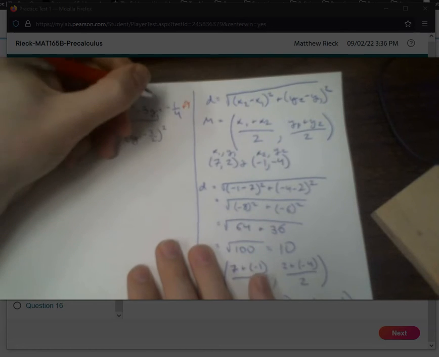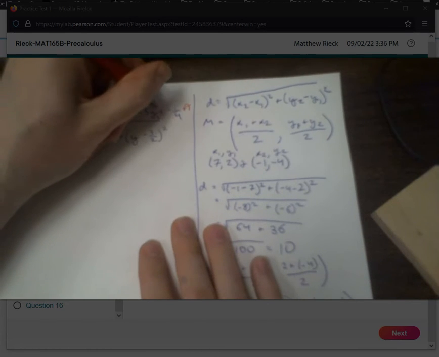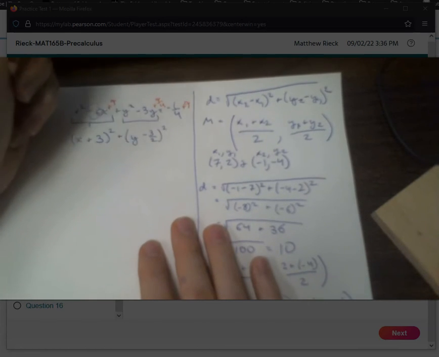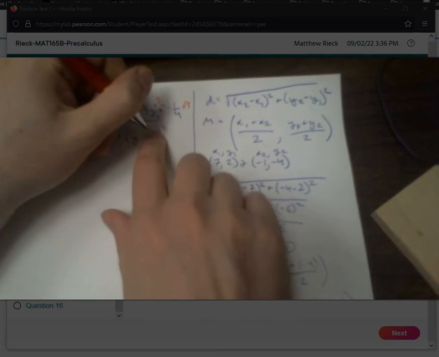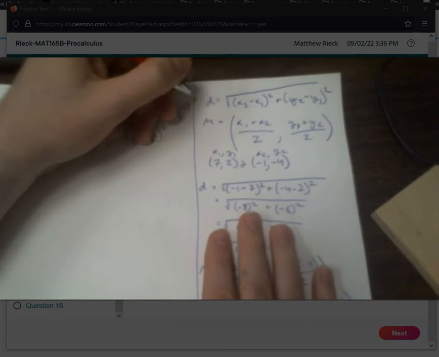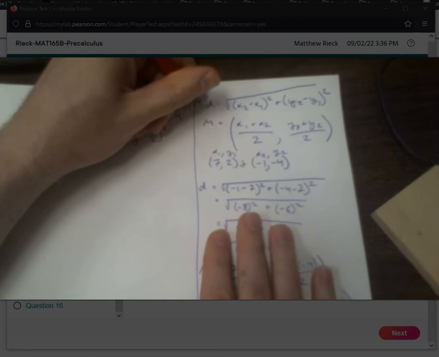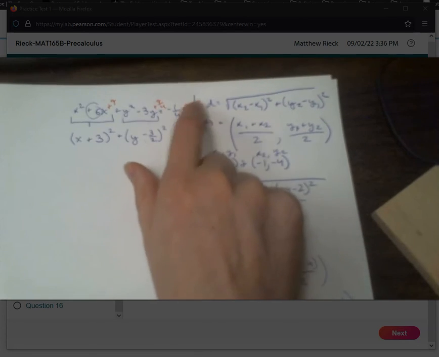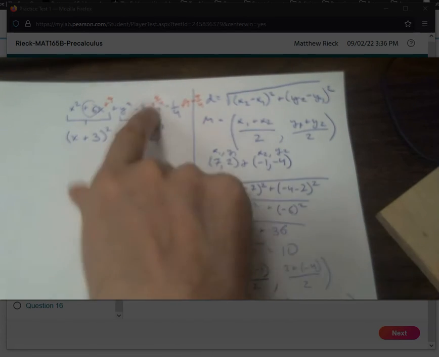So 3 over 2 squared is going to be 9 over 4. Because again, if you're multiplying and dividing and you square that, you can square the top and the bottom. All right, so I'm just going to add 9 over 4 to each side.